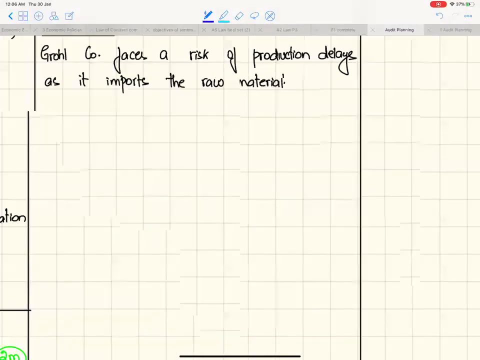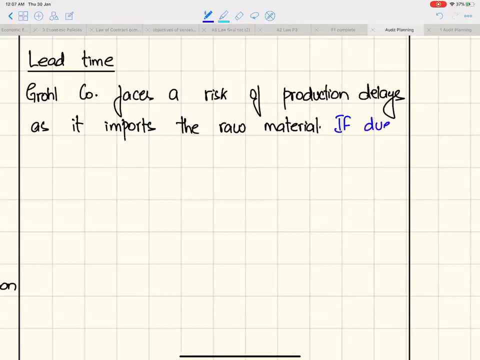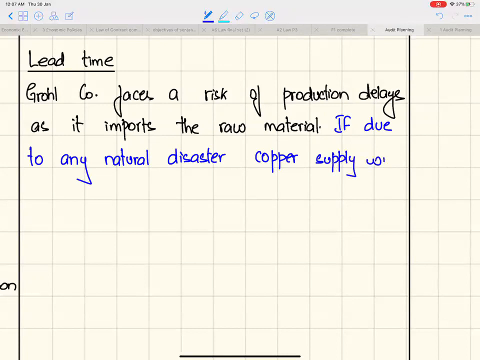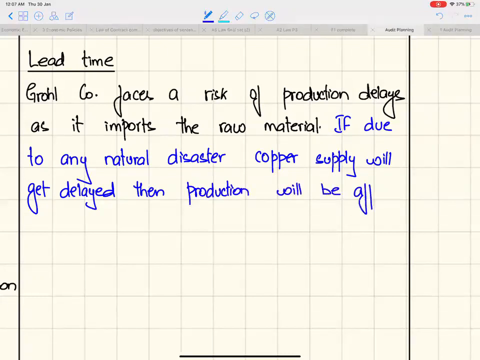Now, what will be the impact? If due to any natural disaster, copper supply will get delayed, then production will be affected, and Grohl company will not be able to meet customer orders.